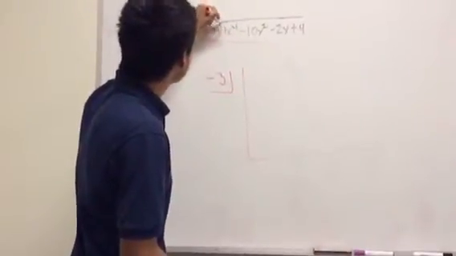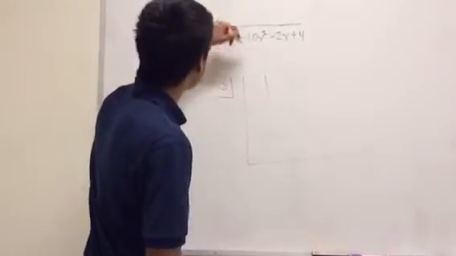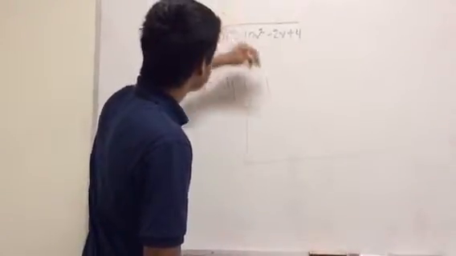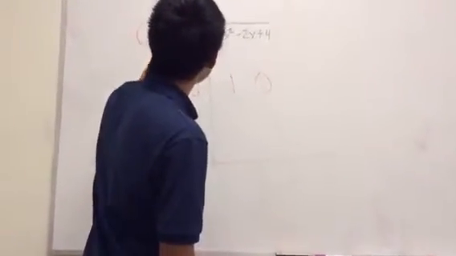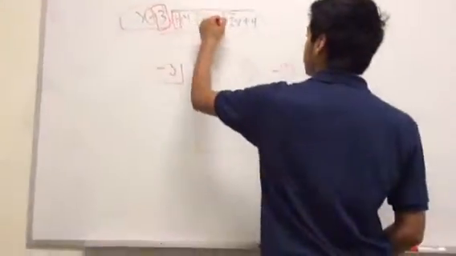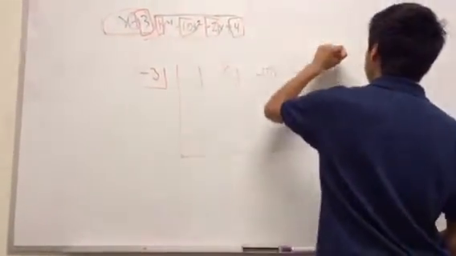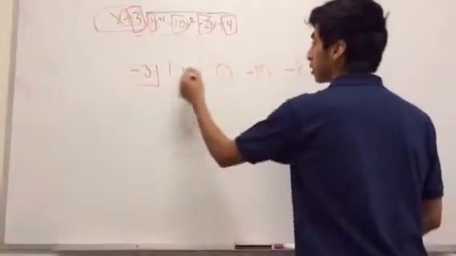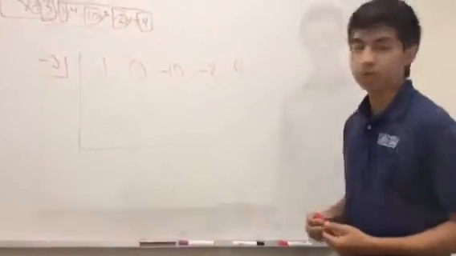Remember, there's always going to be an invisible 1 on the x, so there's going to be 1 there. We don't have an x to the third, so we got to put a placeholder, so it will be 0, -10, always bring those negatives, and then -2, and +4, so just put 4. And that's the numbering, and David Bender will show you the rest of the steps.